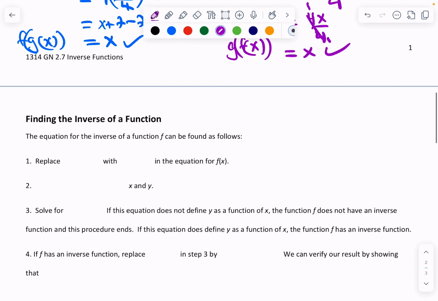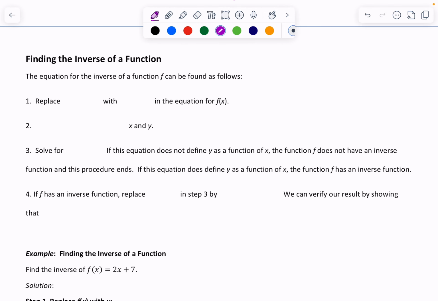Okay, next, we're going to look at the steps how to find the inverse of a function. So step 1 is replace f of x with y in the equation for f of x. Step 2 is to interchange x and y, and that's why the range of the function is the same thing as the domain of the inverse function, because we are interchanging x and y.